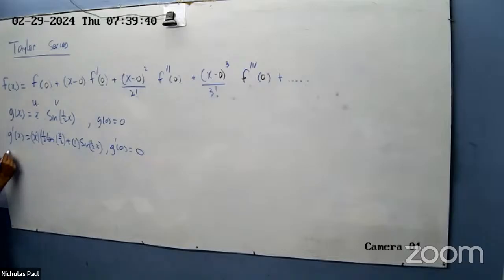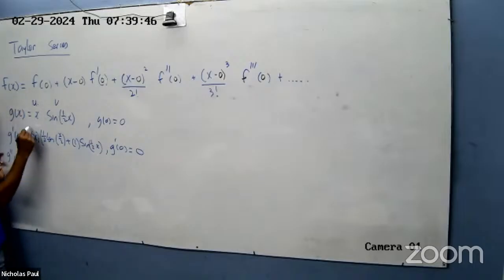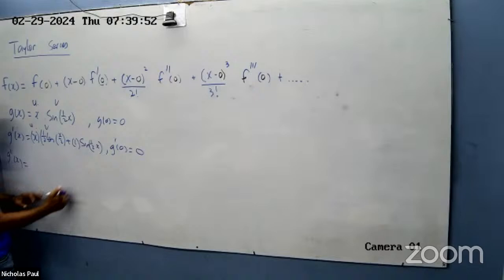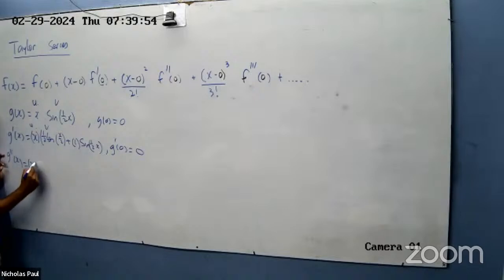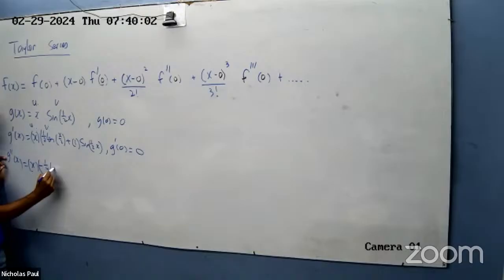Now double prime. Double prime means using product rule here again, you don't need product rule here, right? So product rule, this is u and this is v. Don't skip any steps, do it piece by piece. This is x by the differential of 1/2 cos x on 2, which is minus 1/4 sine x on 2.